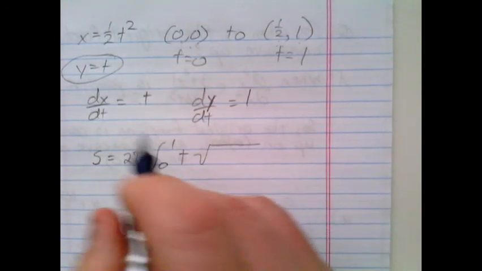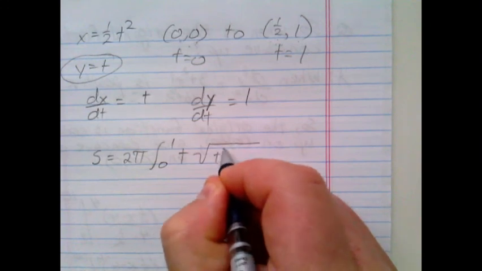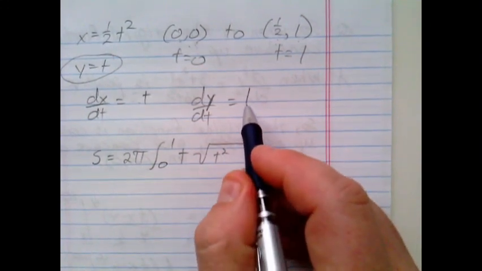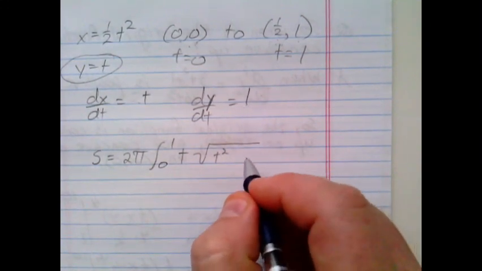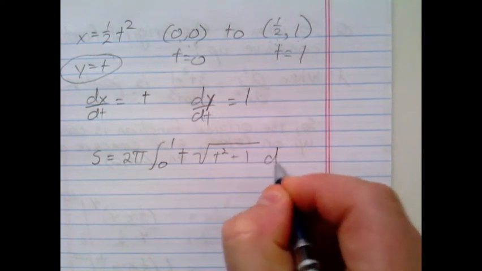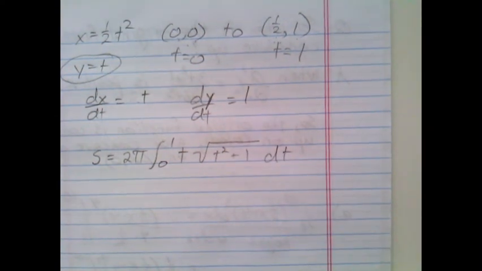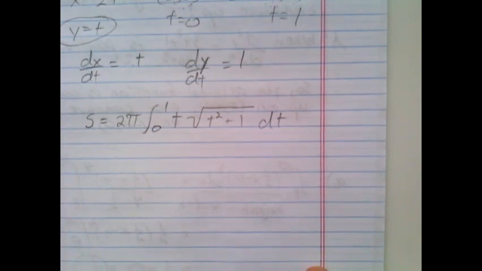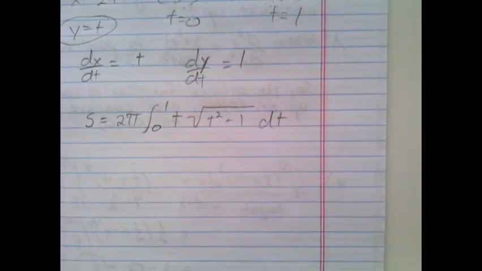And then square root of, I've got to take the dx dt and square it, and the dy dt and square it. Well, that's not super creative of me. I think that is exactly the same integral we did a few minutes ago, isn't it?